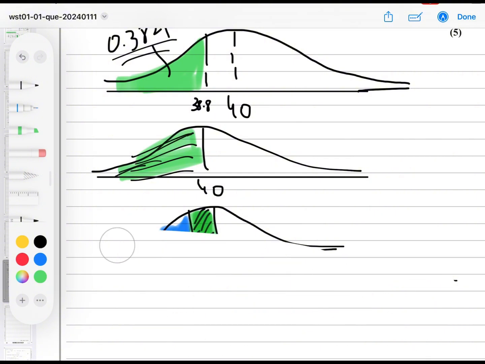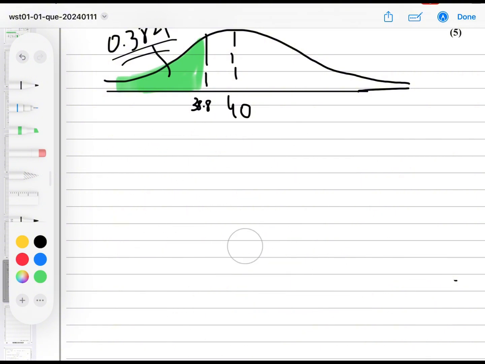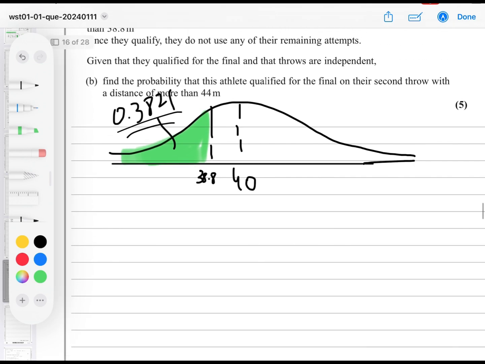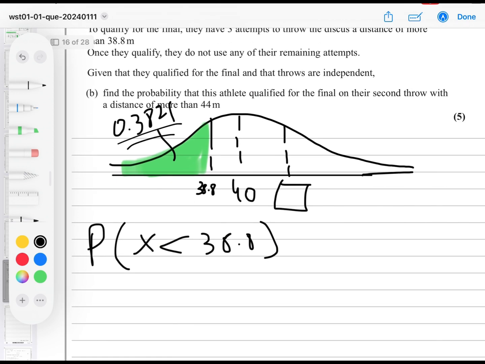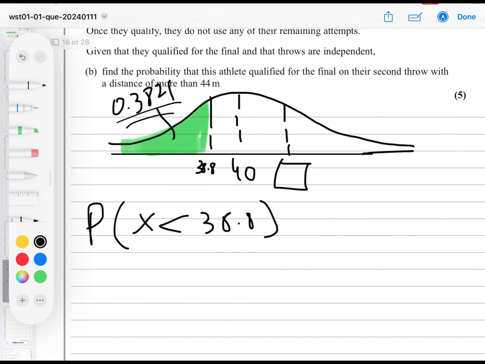So for this one, let us first go for the z-score. I need to find the z-score here. This is the population, so they are asking for x less than 38.8, which we'll write in terms of z.